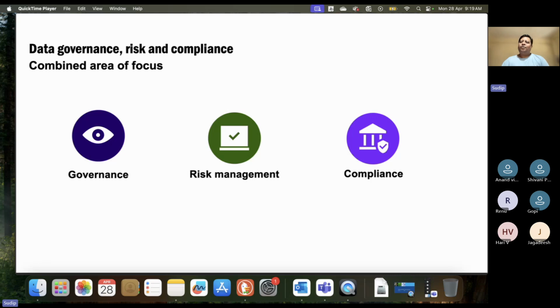For example, Pepsi always wants to know what Coke is doing, and Coke always wants to know what Pepsi is doing. So they always try to hire people from each other's companies so that they get access to this confidential data. Now, it is the job of the IT team and the GRC team to make sure it doesn't happen.